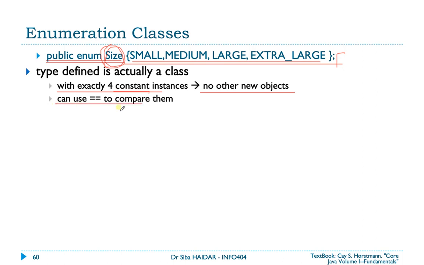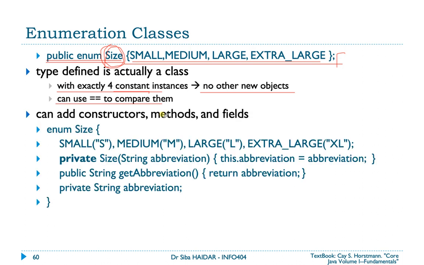So you can easily use the equal operator to compare whatever values of this enumeration, because they refer to the same objects, to one of the 4 objects. You also have to know that you could have added constructors, methods, or fields to your enumeration easily, just like this.